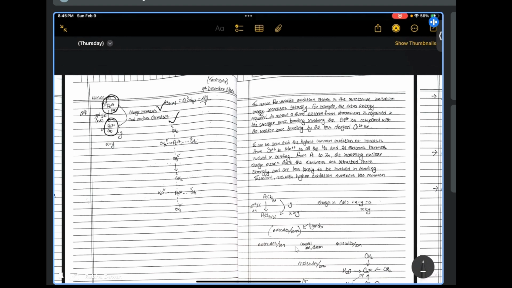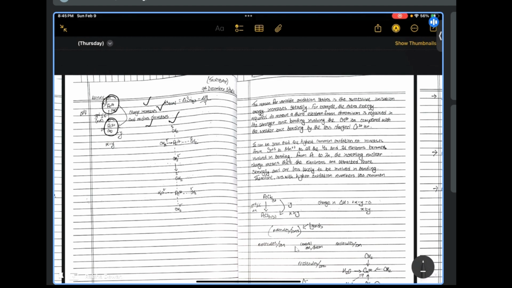But to transform iron 2 plus into iron 3 plus, you need to provide extra energy to remove the electron, right? You need to provide energy to bring that electron out of that iron 2 plus and make it iron 3 plus. So you are providing an extra energy.